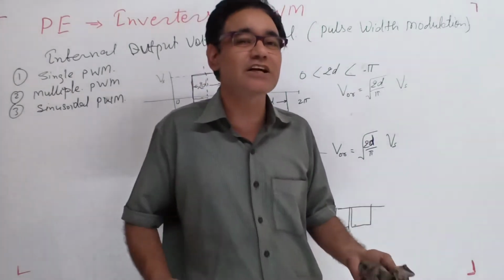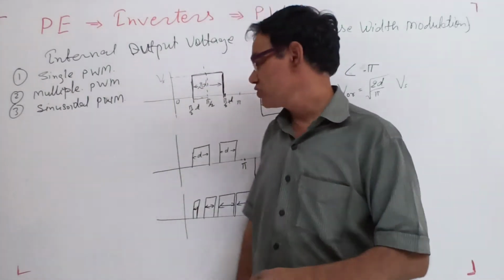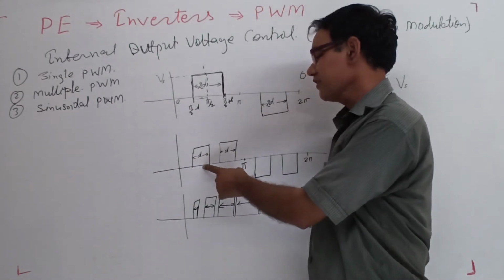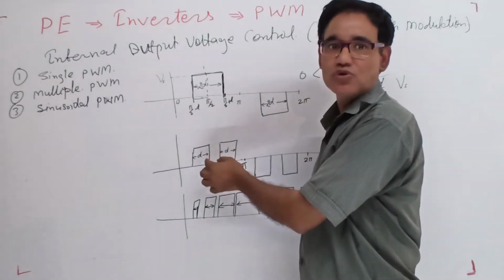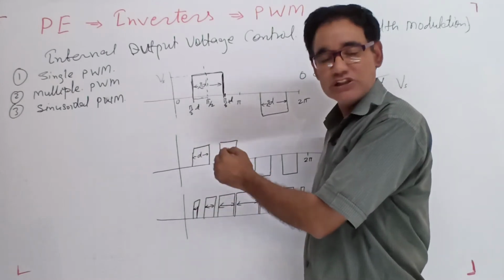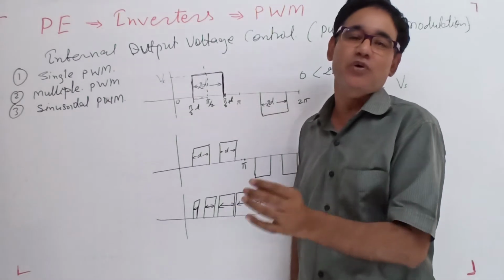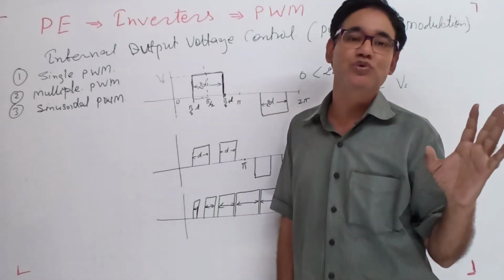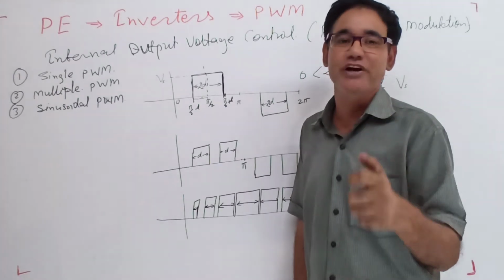That is internal control. And in PWM techniques, in forward biasing, we have to commutate the switches. So very good commutating circuits are required, or even self-commutating switches like BJT, IGBT, MOSFET.